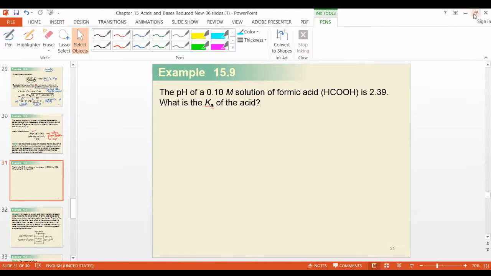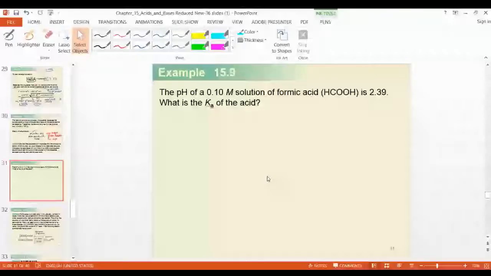Yes, look. This is the 15.9 example, right?